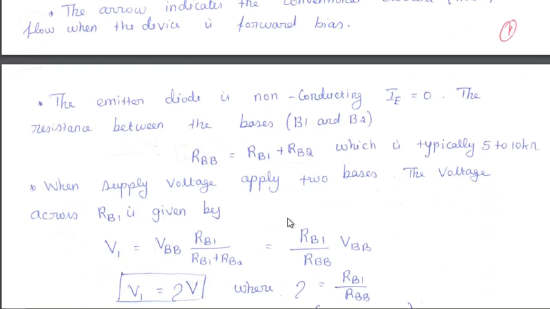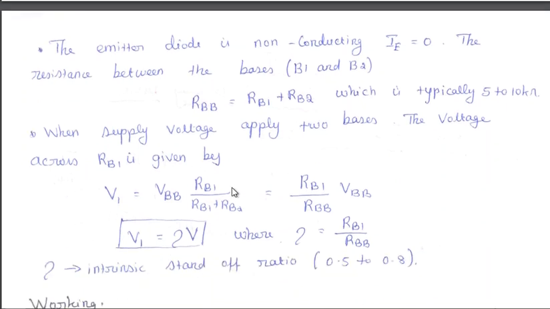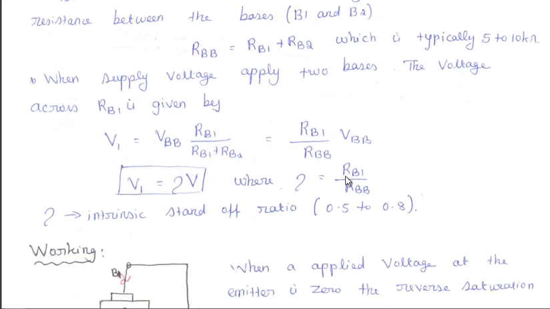When the supply voltage is applied to the two bases, the voltage across RB1 is given by V1 equal to VBB into RB1 divided by RB1 plus RB2. It is given by the voltage divider law. VBB is the total voltage across the resistance.